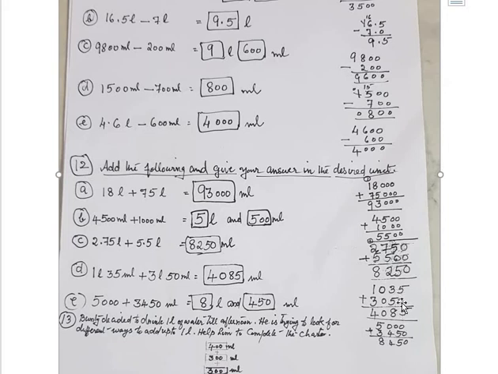Both are in milliliter now. 5 plus 3 is 8, 0, 3 plus 1 is 4. So the answer is in milliliter asking. So 4085. According to the answer which is asked, that way we have to convert whether it is in liter or milliliter.